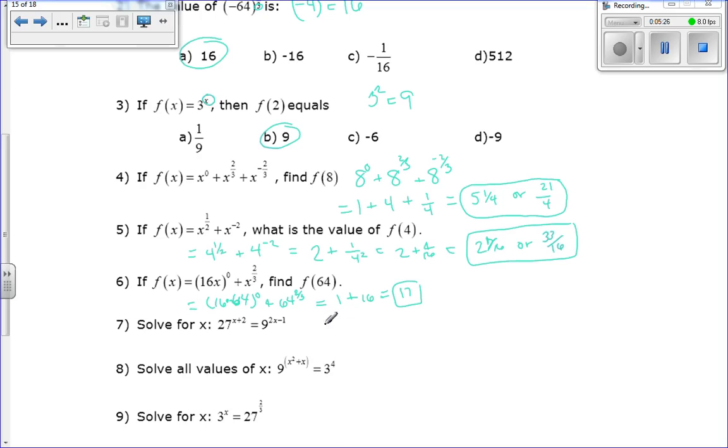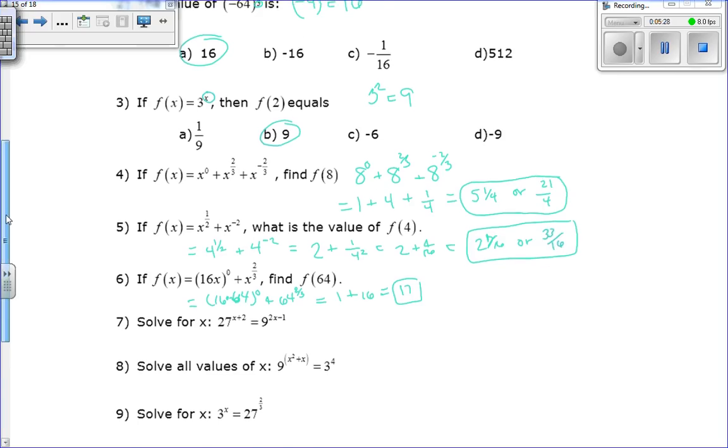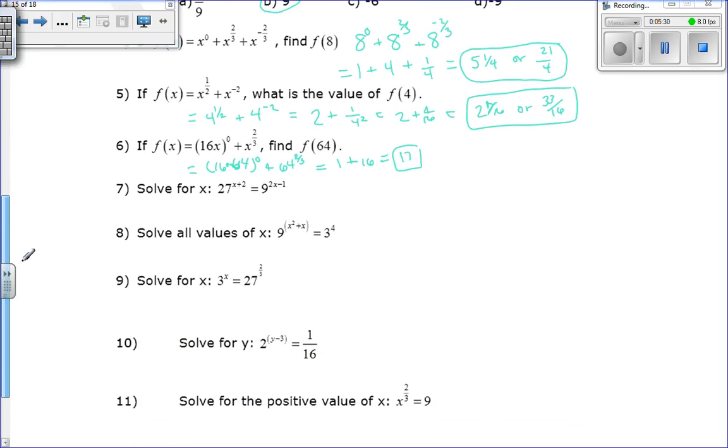For 7, we have to solve for x. This time, x is in the exponent, so I have to get my bases to match. The only way I can get my bases to match is if I change my base to 3. Remember, we're always going to go smaller. So I have 3 to the third raised to the x plus 2 equals 3 to the second to the 2x minus 1.